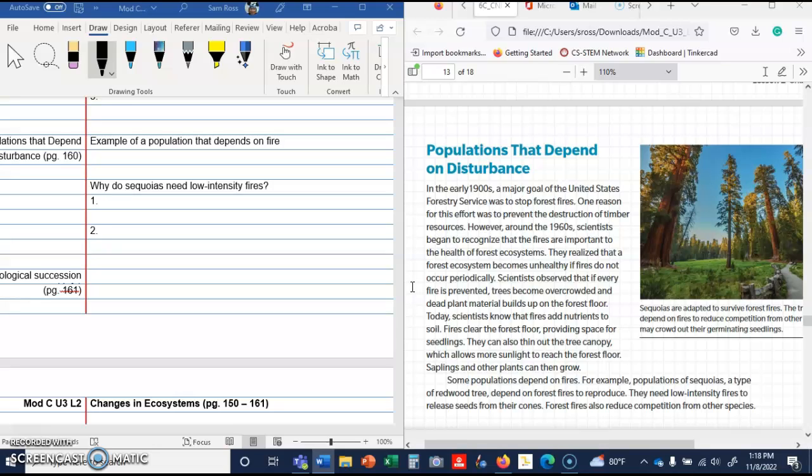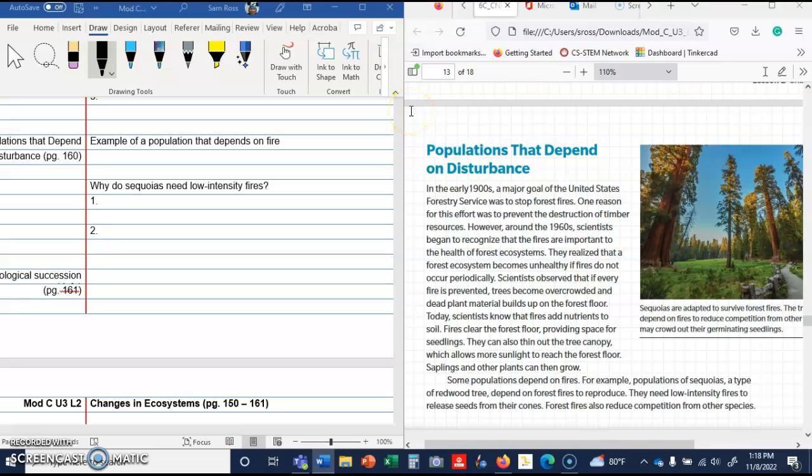It says scientists begin to recognize that fires are important to the health of the forest ecosystem. They realize that a forest ecosystem becomes unhealthy if fires do not periodically occur.